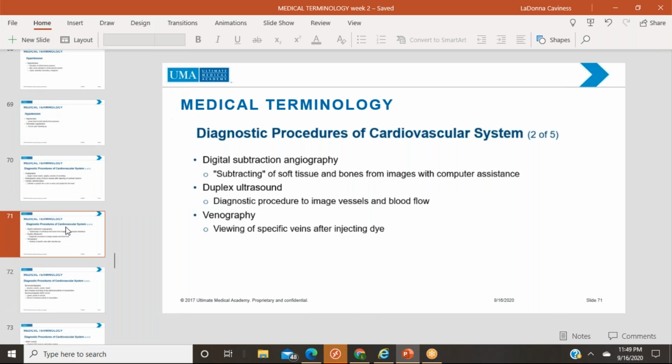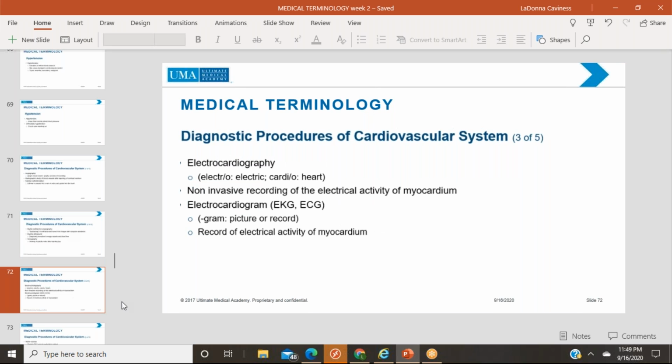Digital subtraction angiography. Subtracting of soft tissue and bones from images with computer assistance. Duplex ultrasound. It's a diagnostic procedure to image vessels and blood flow. Venography. It's viewing of specific veins after injecting dye.